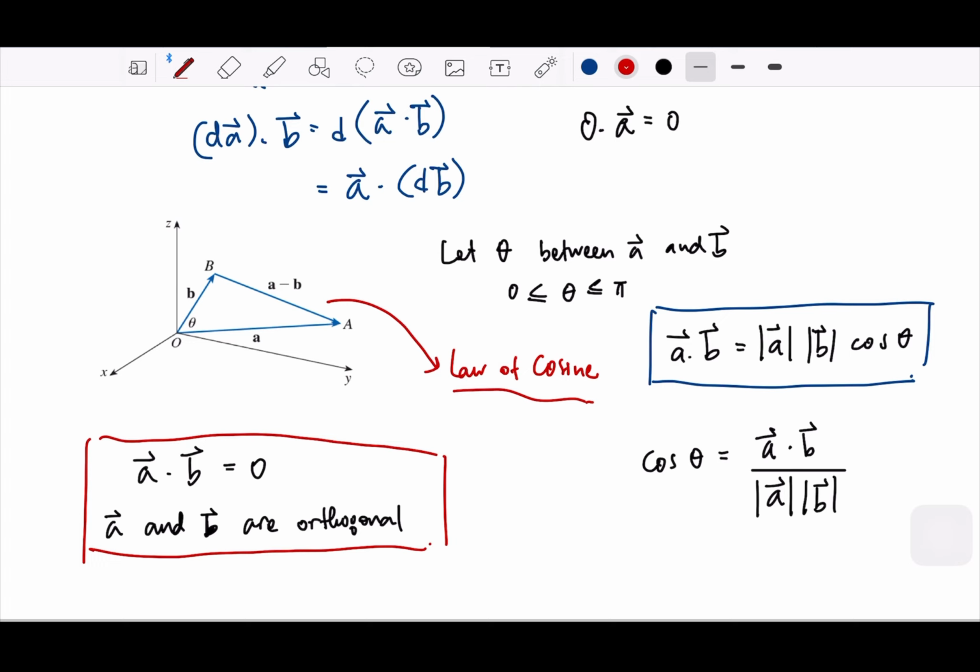It seems simple, but it's actually powerful for future proofs, especially when we deal with the equation of a plane in vectors.